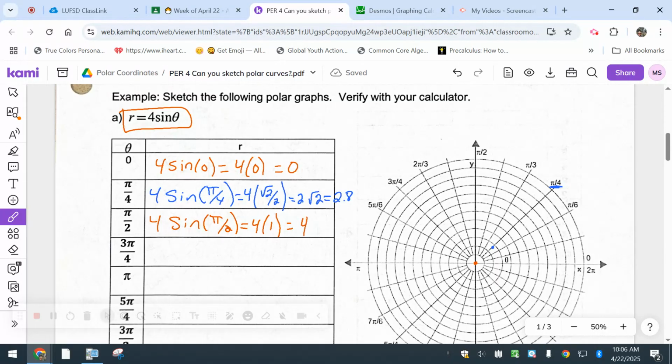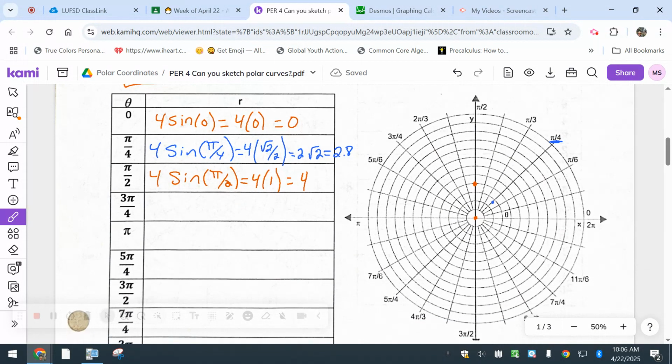Okay, so you're going to go to your pi over 2 and then go up to 4, right? So 1, 2, 3, 4. And it's pretty cool. Now, obviously, we're not plotting every single point because you're going to see it's interesting what the picture creates. Okay. All right. Now we just keep going.